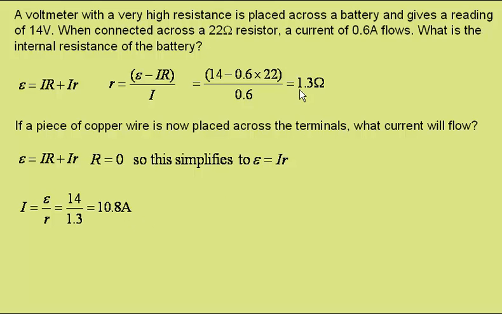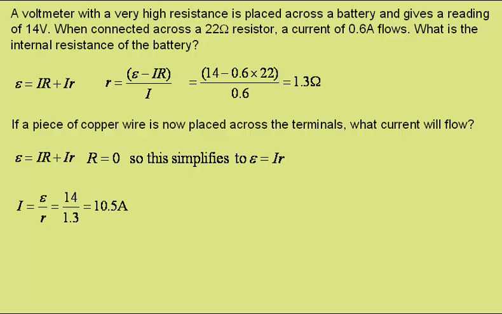Incidentally, this answer actually comes out at 1.3 recurring, and if we'd kept the full answer to this in our calculator to use here, we would have got an answer of 10.5 amps. We can rearrange this to give current is equal to EMF over internal resistance, with an EMF of 14 volts and internal resistance of 1.3 ohms, gives a current of 10.5 amps.